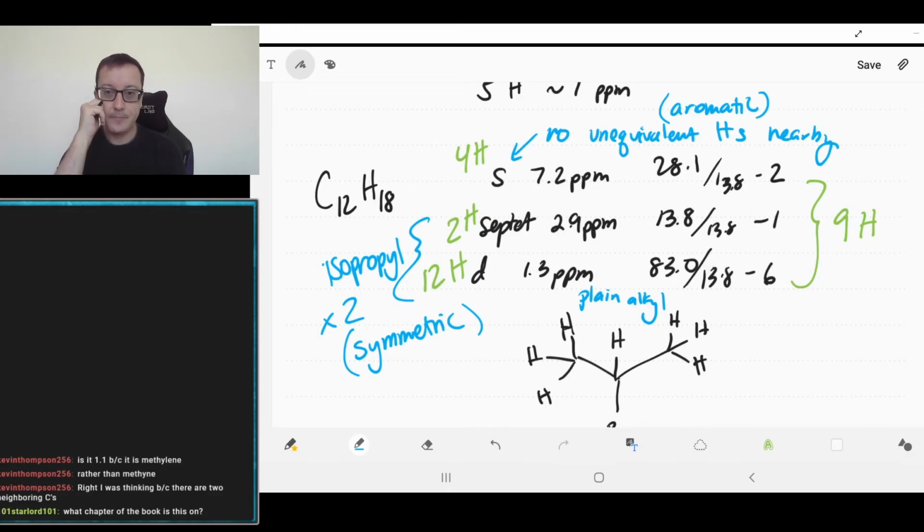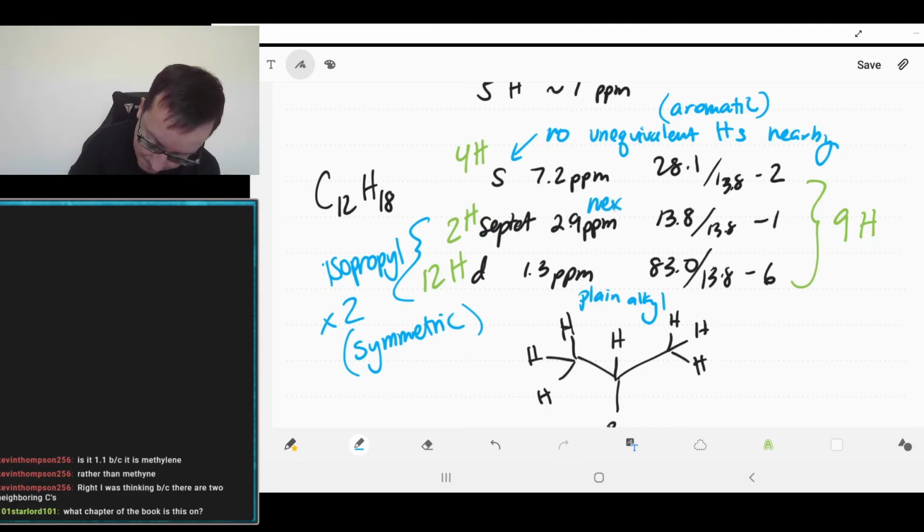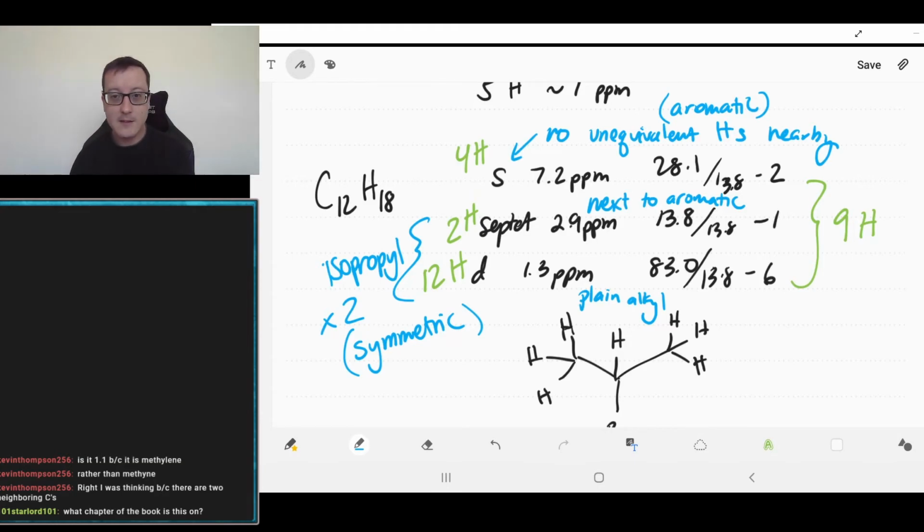But we have this other one at about 2.9, which is a little bit strange. So there's something deshielding it nearby. Again, I don't want you to focus on exact numbers. Don't be like, well, I'm going to subtract 1.7 and I get 1.2, and what's 1.2? Don't worry about that. Look at regular regions. That's something that's next to aromatic. Something that's benzylic will show up around 2.5, 3, thereabouts.